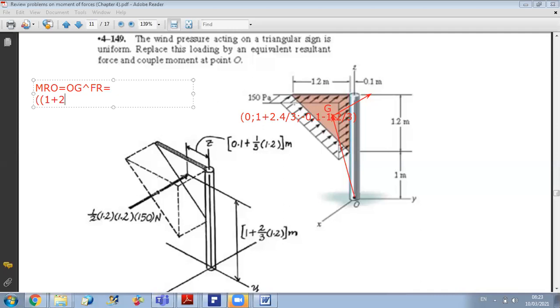So here, if you want, let us calculate it. 2.4 over 3 is 0.8, and plus 1 is 1.8. So it is 1.8 along j. And along Z, I have 1.2 over 3, which is 0.4, and 0.1, and it's negative, so it's minus 0.5. Minus 0.5 along k. Okay, vectorial, the value of my force.